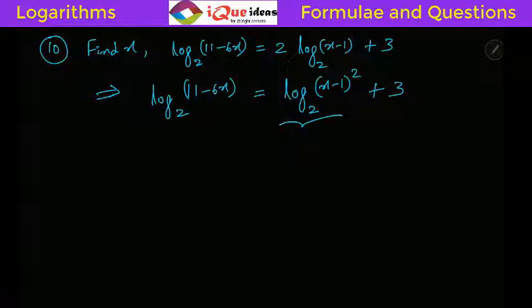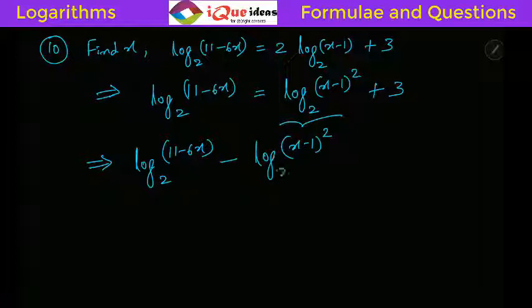Now let's bring this whole thing to the left hand side. So it becomes log of 11 minus 6x to the base 2 minus log of x minus 1 whole square to the base 2, that is equal to 3. Now on the left hand side, if you see, there are two logs with the same base and with a minus sign in between. So what will happen?